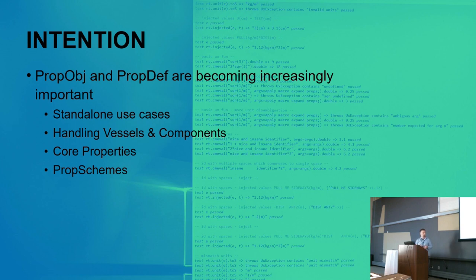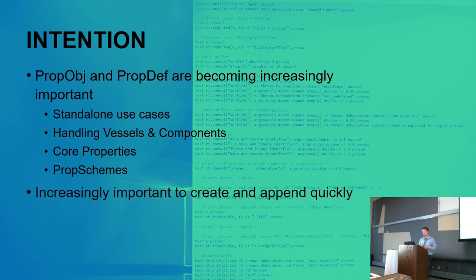Core properties are built off of PropDefs. Prop schemes are also built off of PropDefs. In a way, prop schemes are kind of an extension of core properties, but the point is, we're going to be making these prop objects and these PropDefs all the time. They're going to become very, very important. So we need a really fast and efficient way to create all these PropDefs.